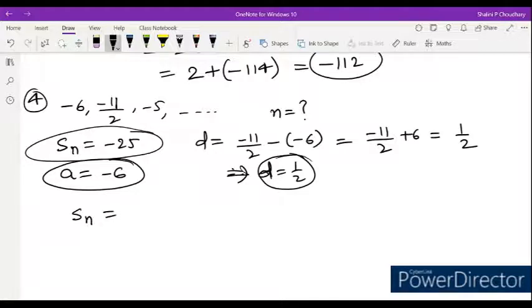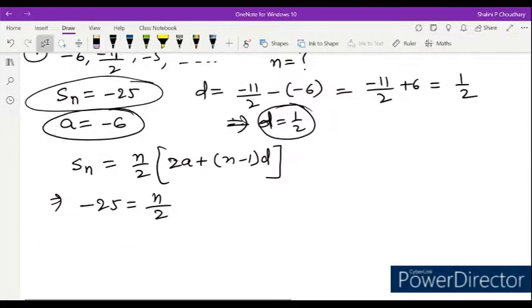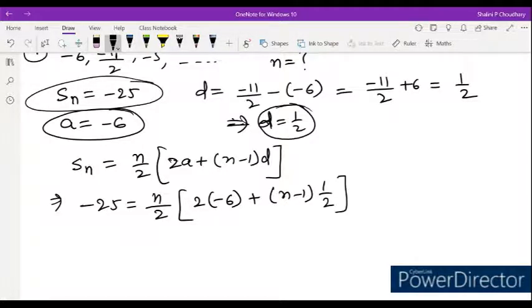Yes. So Sn will be equal to, we don't know the nth term, so that's why we'll use this formula, n/2 [2a + (n - 1)d]. Now Sn is given as -25. So n/2, n is unknown, upon 2, and 2a will be 2 into -6 plus (n - 1) and d is 1/2.